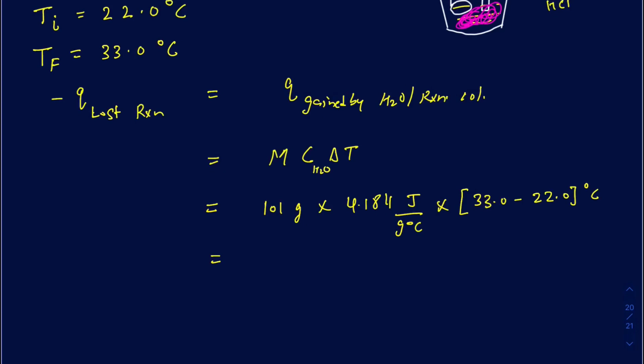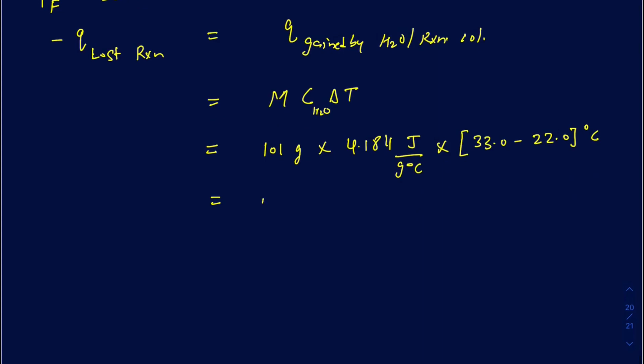It's 101 times 4.184 times 33 minus 22, which is 11. So it comes out to be 46.48 joules of energy that's going to be lost. So your Q of the reaction here is going to be minus 46.48. The minus just means it's an exothermic reaction.